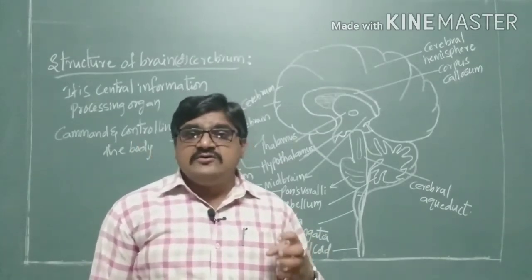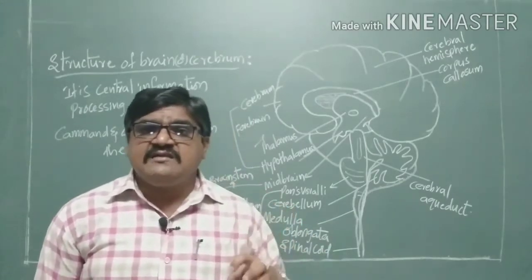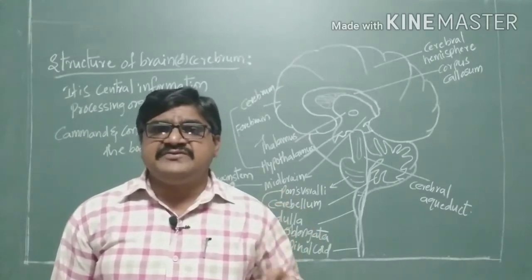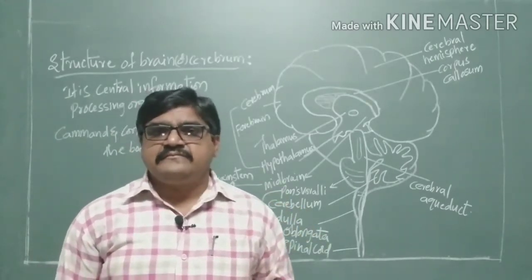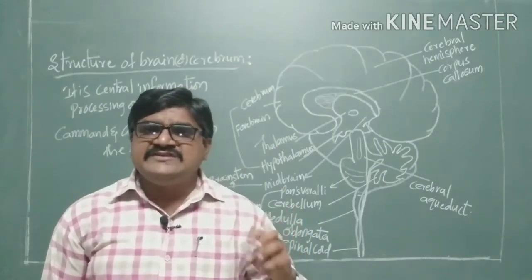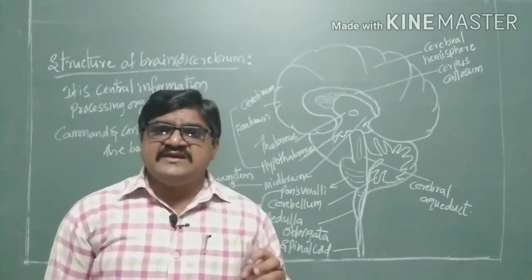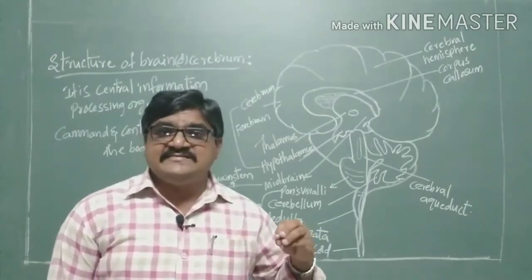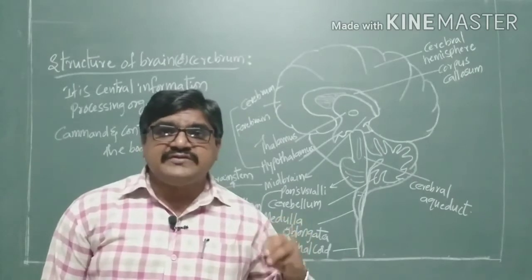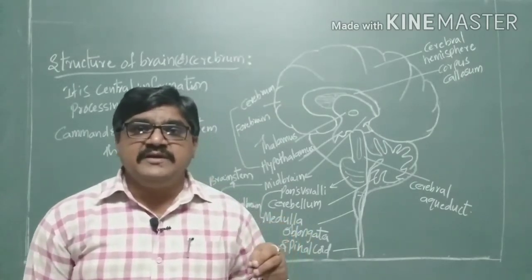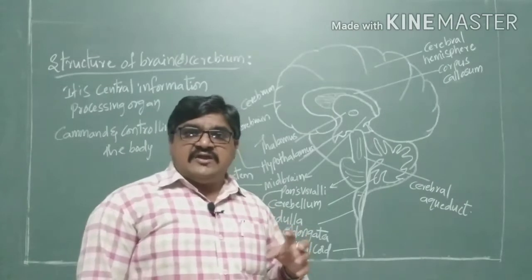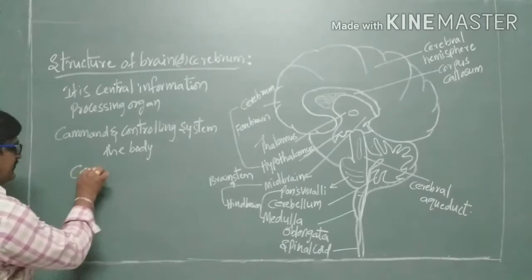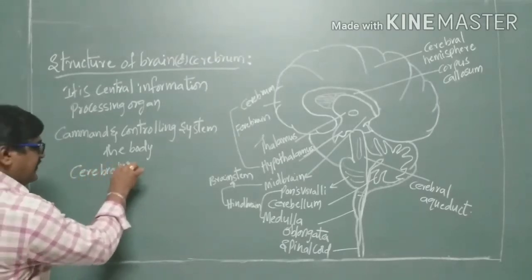The brain plays a very important role and performs many functions, with different regions present in it. The brain is surrounded by a layer about 2 to 4 millimeters thick, which we call the cerebral cortex.